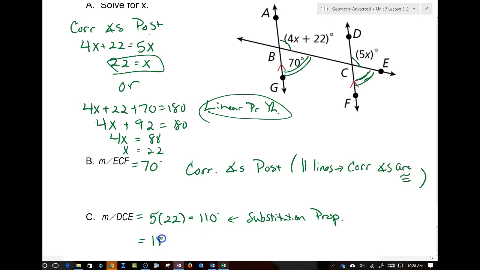Could I use the fact 180 minus 70 equals 110? Wasn't that really the linear pair theorem I used? Or the idea of sum of the parts equal the whole? Vertical angle theorem would also work if you found the other angle first, right? You have a lot of different things. This one would be my linear pair theorem, or sum of the parts equal the whole, one or the other. You've got different options. Be able to justify it. Again, more than one way, it's okay.